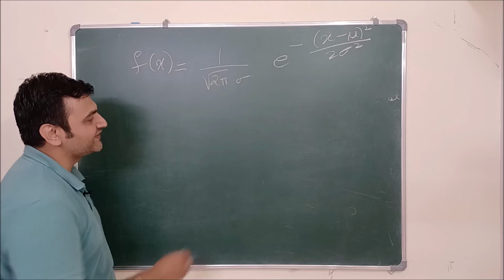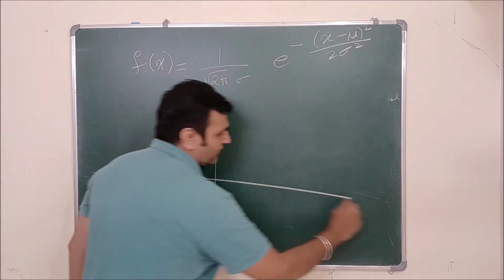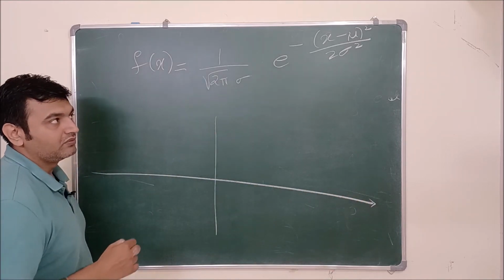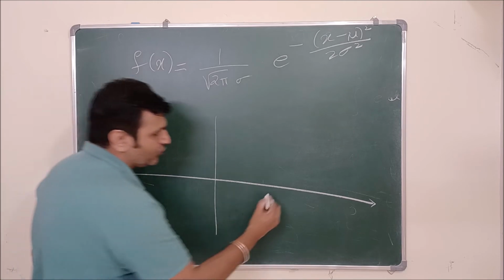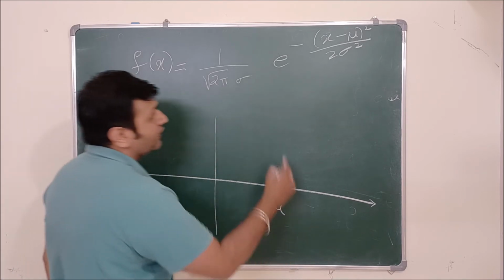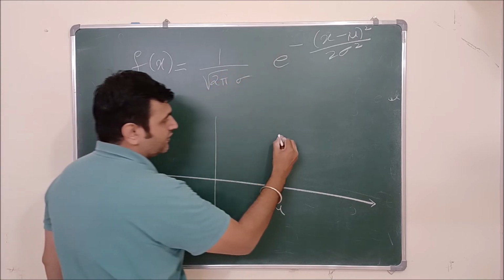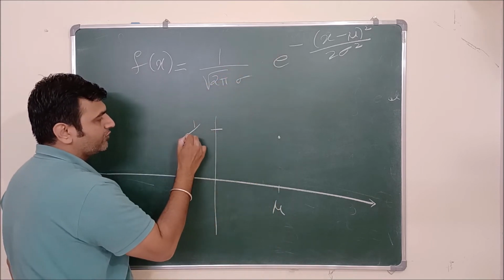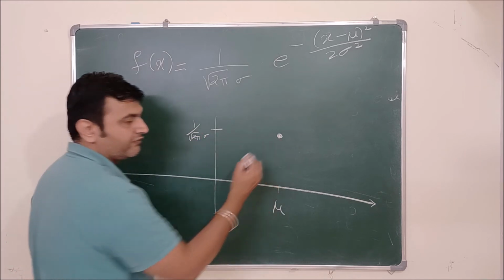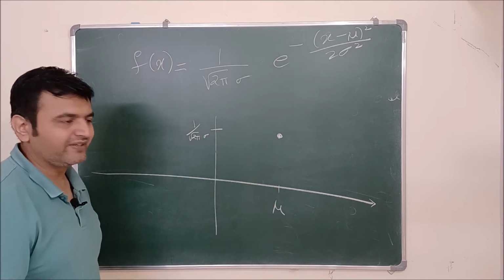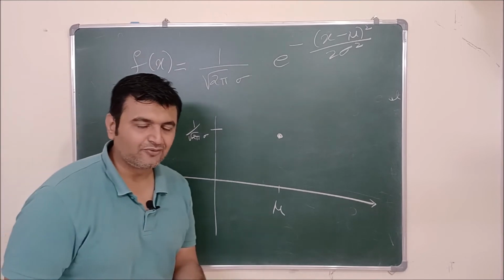Now here also, if you observe, when your x is mu, what is the maximum value you get? When your x is mu, this part is 1, so you get 1 upon square root of 2 pi into sigma. This is the maximum value it will take, because again calculus comes into the picture.